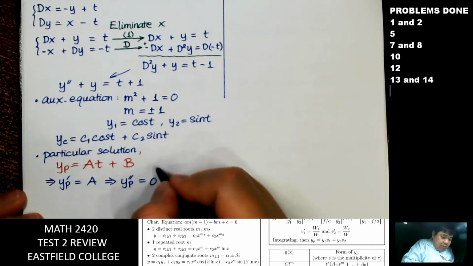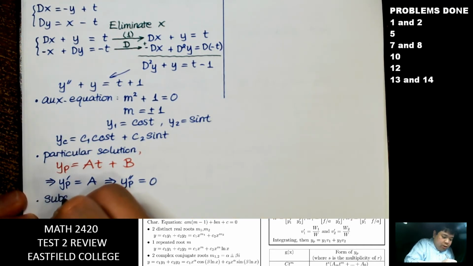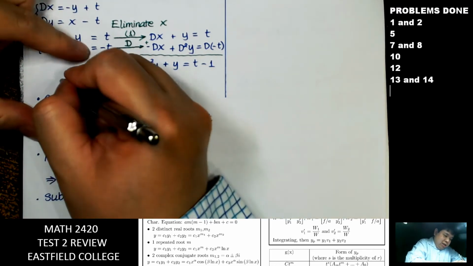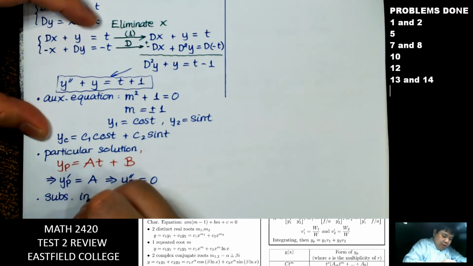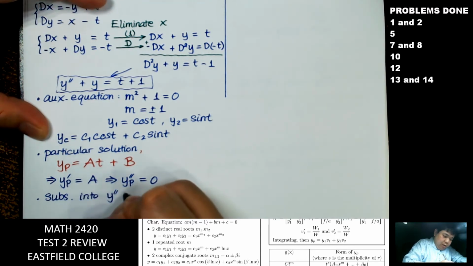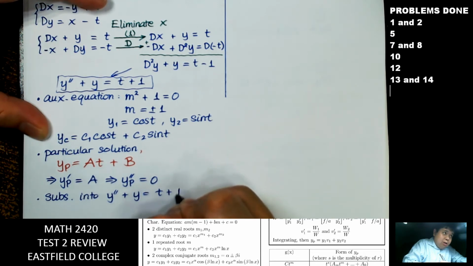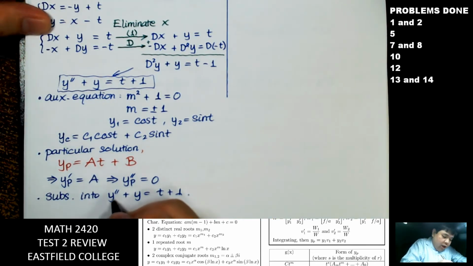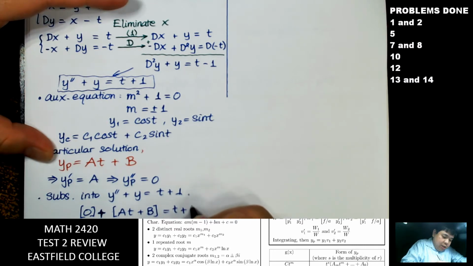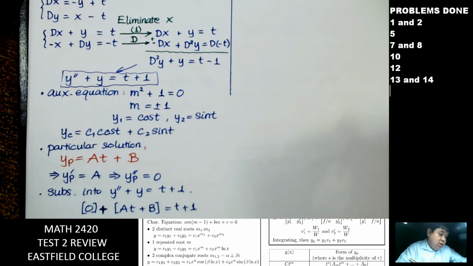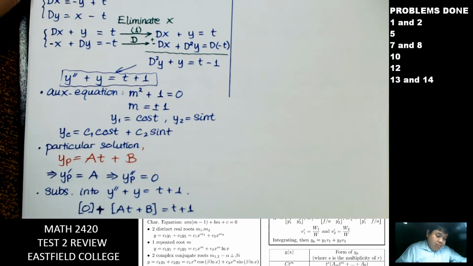So that's easy substitution. Now we will substitute into the equation here. So we have y double prime is 0 and y is at plus b. Now that's easy. And a is 1 and b is 1.